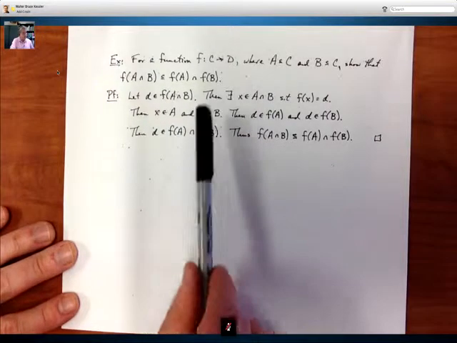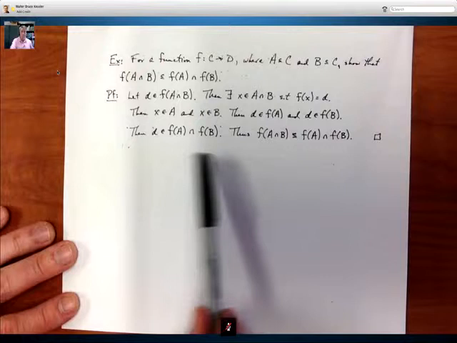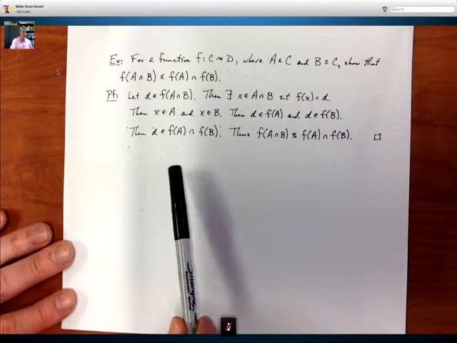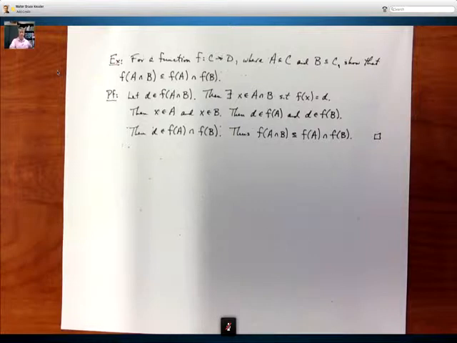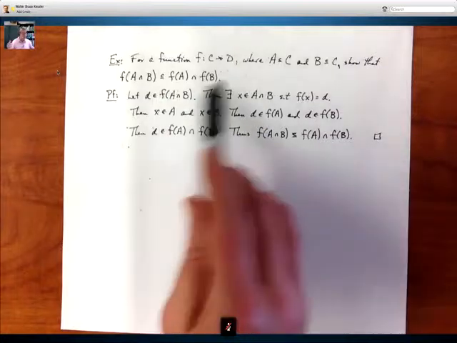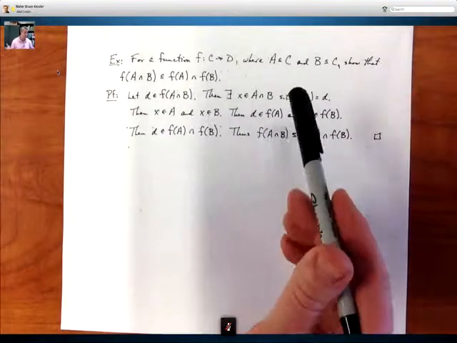Let's take some element that's in this intersection. That means it's in both images. It's in f of A and it's in f of B. That means there's something in A that gives me that element.